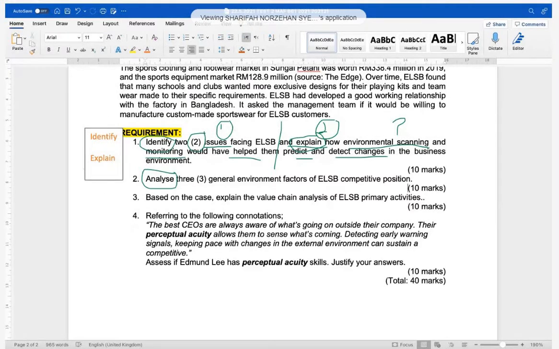What about this second part of the question?